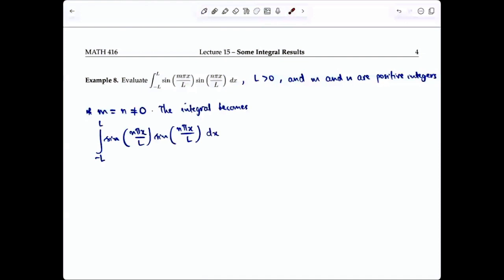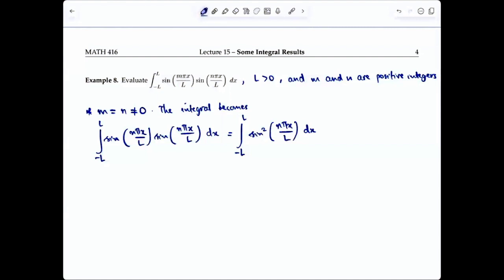Again, remember in this case, we make the assumption that m is equal to n, so sine of m pi x over L can be replaced with sine of n pi x over L. Now the integrand can be written as sine squared of n pi x over L dx. And there is no basic integral formula that can give you the integral of sine squared of something. So you have to manipulate the integrand so that you arrive at something that is easy to integrate.